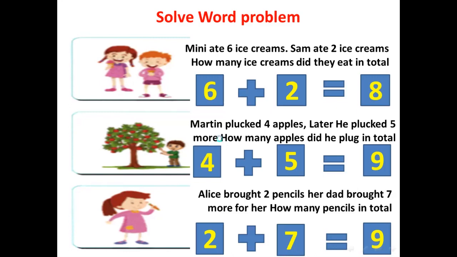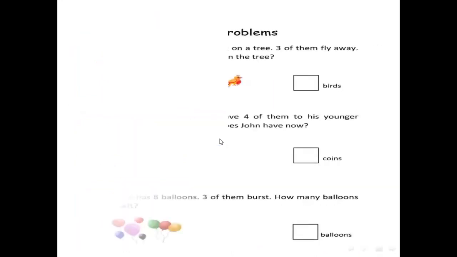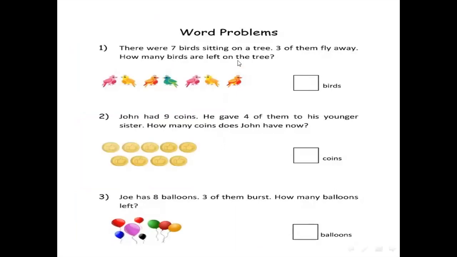Let's move to the next sheet. I will do the first one. There were 7 birds sitting on a tree. 3 of them flew away. How many birds are left? We said when we find the word left, I will do the equation as minus.